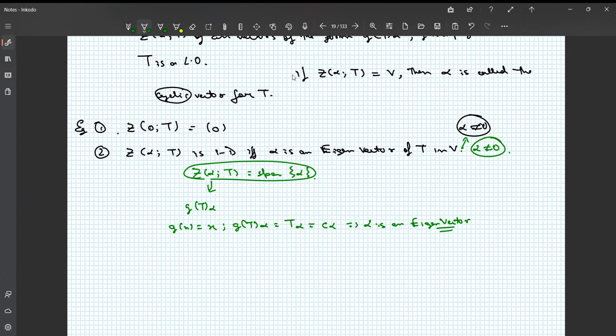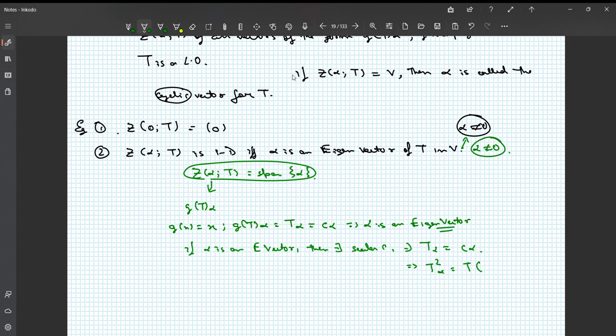What can we say about the converse? If alpha is an eigenvector, then obviously there exists a scalar C such that T of alpha equals C alpha. But then what is T square of alpha?